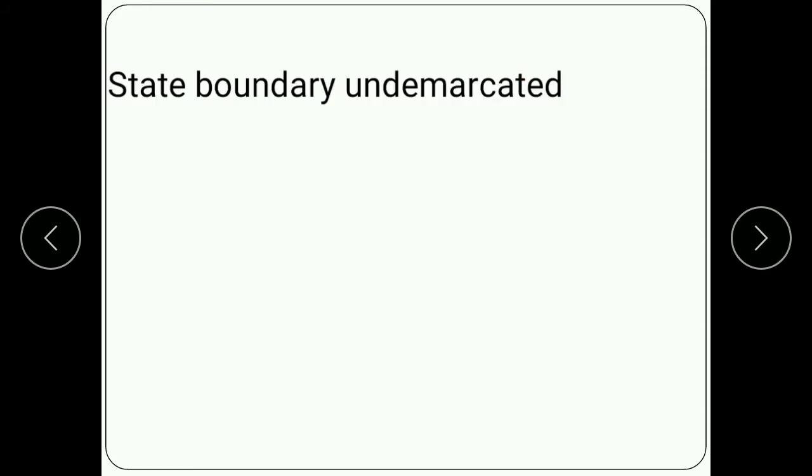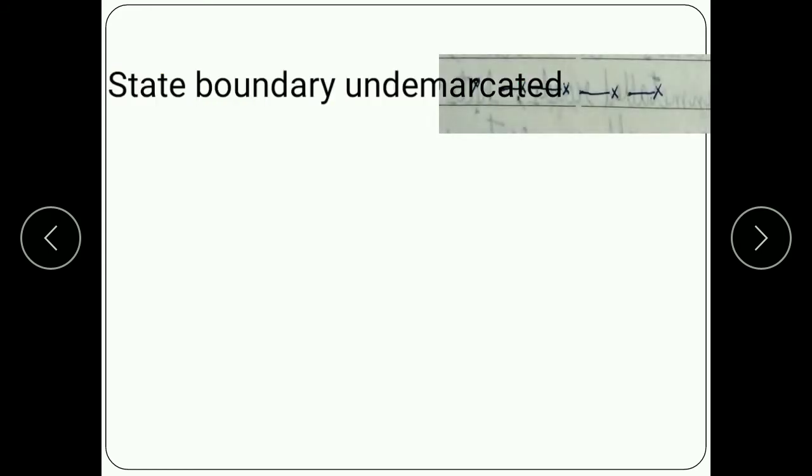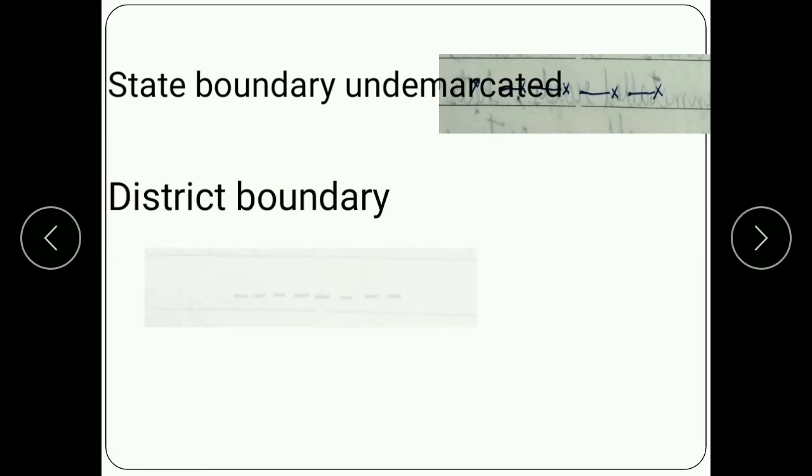Next, state boundary undemarcated. These are boundaries that are not present on a small scale. This is only given as undemarcated in topographical maps. Next, district boundaries are shown this way.